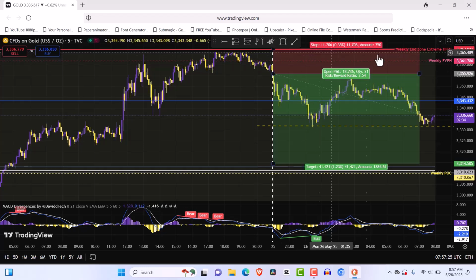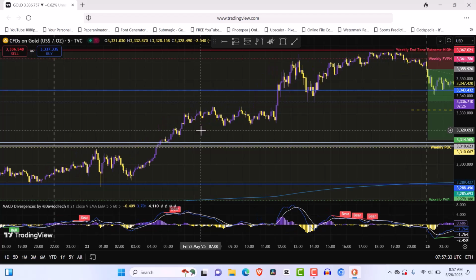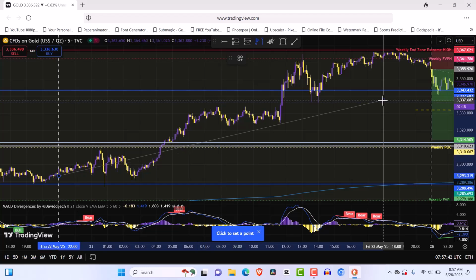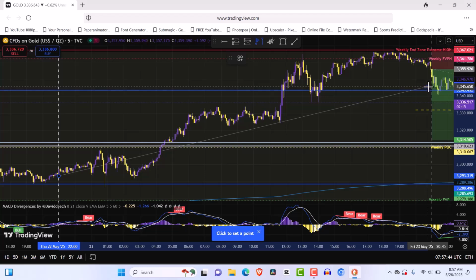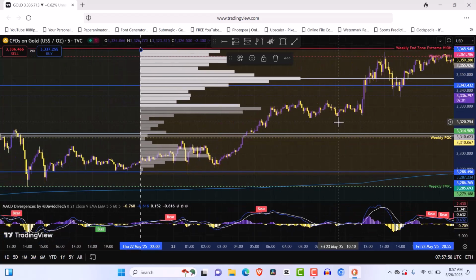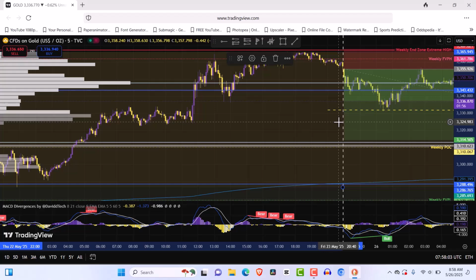We had two conflicts from the weekly extreme zone, the weekly fair value zone, and trust me, if we go back and draw our daily previous day fixed range, you would see we still had that extra confluence at the top again, and that was why I said yes, this is the trade, and I took it.